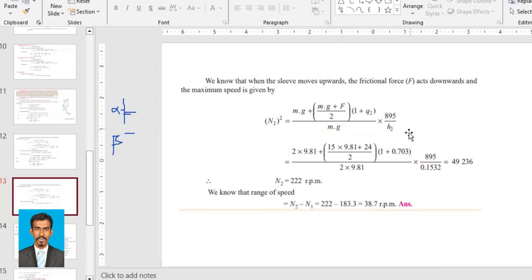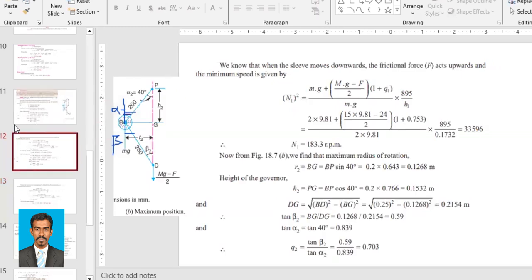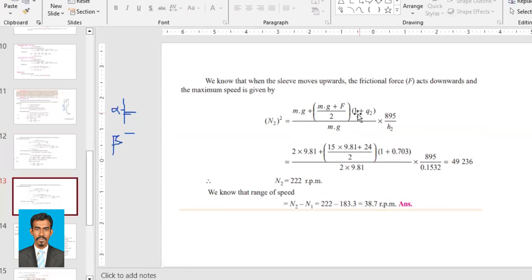So when you substitute all these values in this equation, you will have N2 squared is equal to M, that is the mass of the ball, 2 kilograms, G 9.81 plus small m. This should be capital M, okay? That is the mass of the central sleeve, capital M. So capital M is 15 into G 9.81, plus 24.